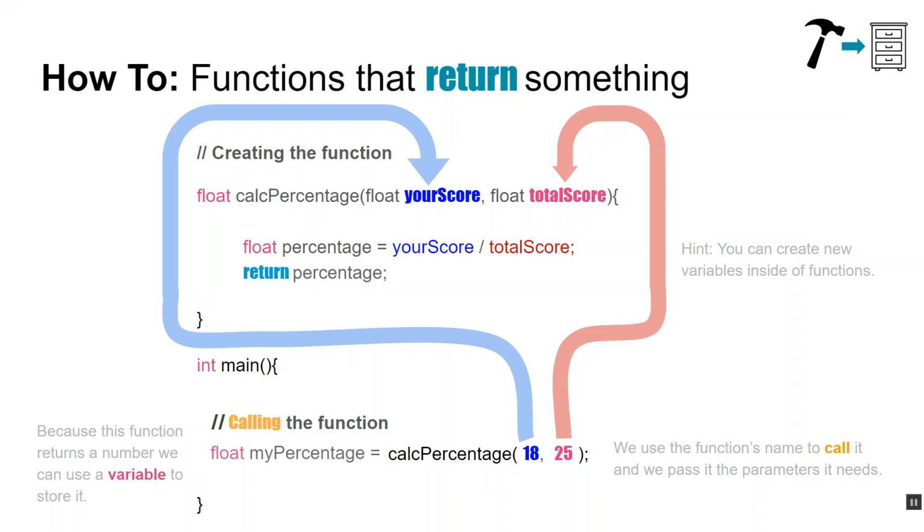So that's where we say float my percentage equals calc percentage, and then we have the 2 values. The value that gets returned is 0.72, which is stored in the my percentage variable. So that is basically the whole process of a function that returns something.